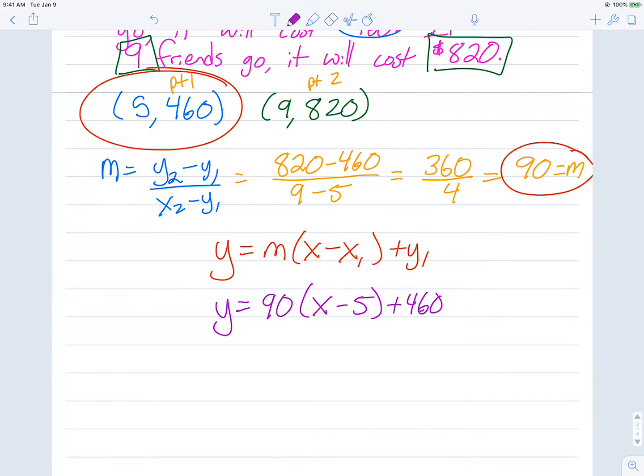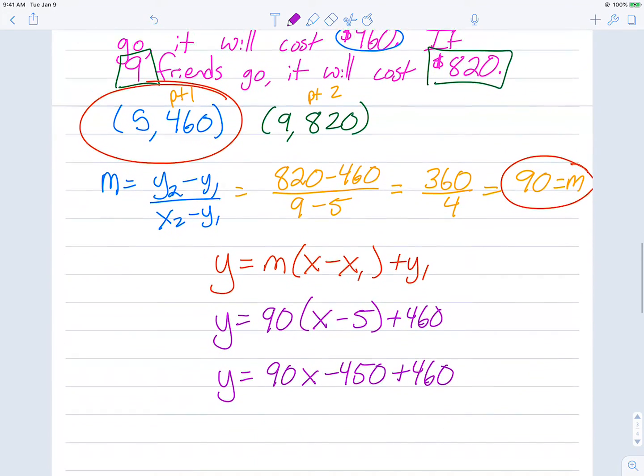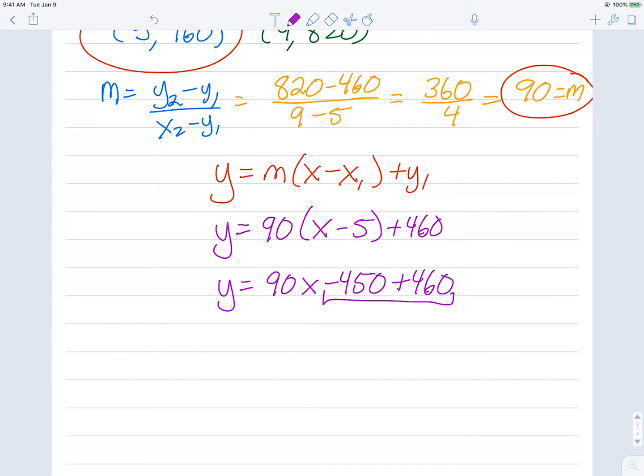And if I distribute, I'm going to have y equals 90x minus 450 plus 460. And my final simplification to combine like terms right here gets us y equals 90x plus 10, which means that the ticket agency fee is $10, and the cost per ticket is $90.